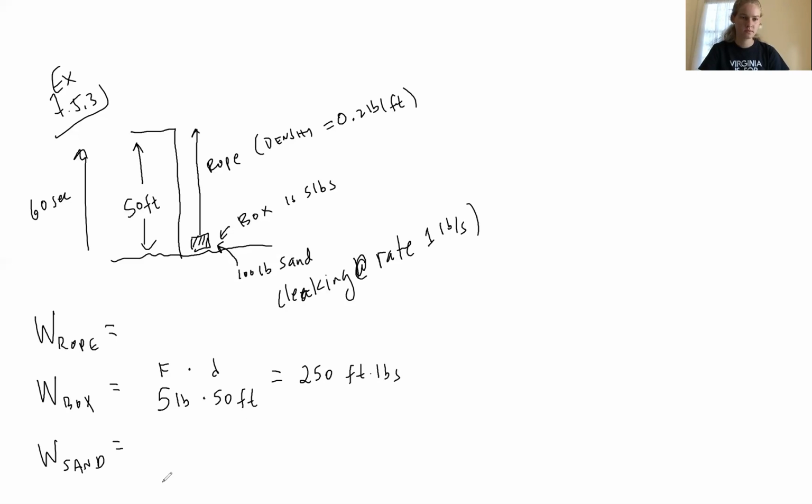The work done on the sand will be a force times a distance. The problem is that over time, the 100 decreases. So how much is it decreasing? Like every second, how much is it decreasing?